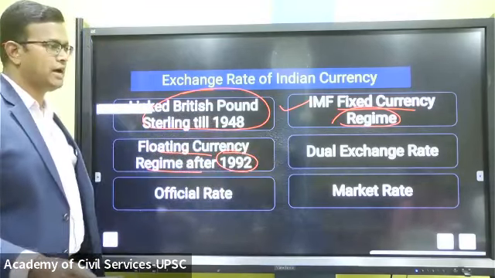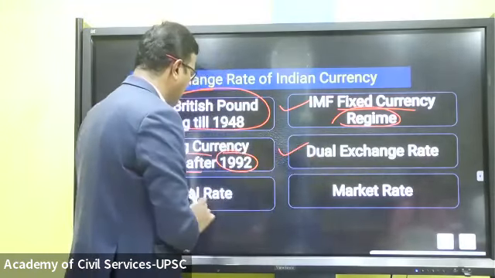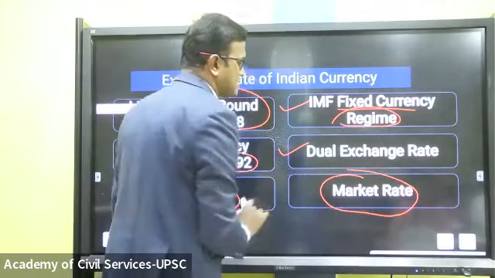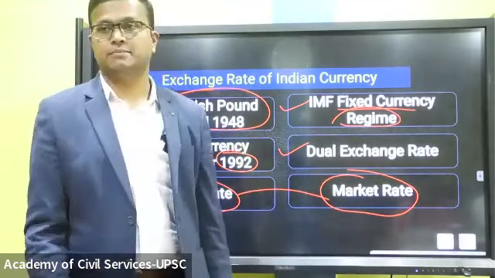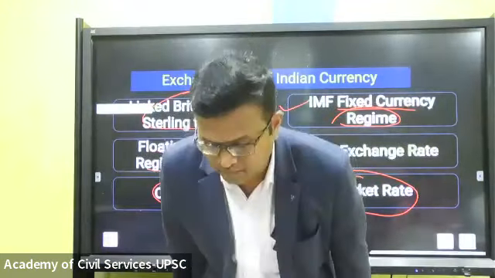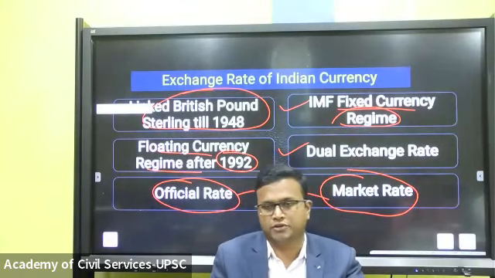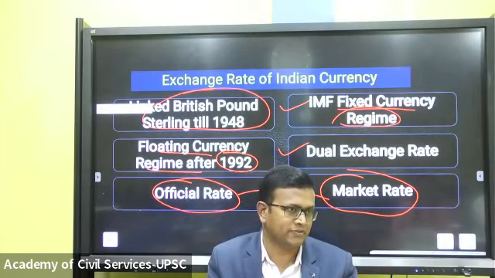Next one, at present, India has a dual exchange rate. Dual means one is the official exchange rate, another one is the market exchange rate. There is not much difference between these two. For example, today early morning, RBI will declare what is the official exchange rate of Indian currency. For example, $1 is equal to 82 rupees.